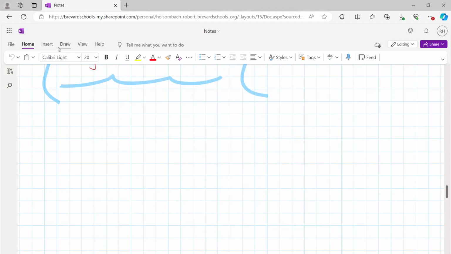All right, like I said, we are on page 393, and today we're going to talk about angles of polygons.